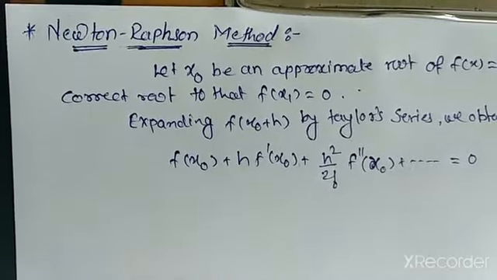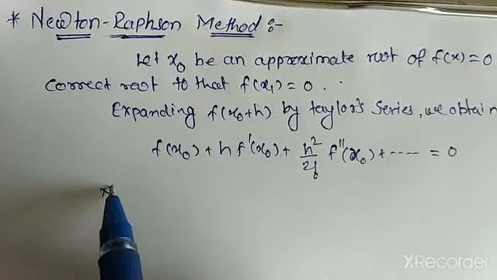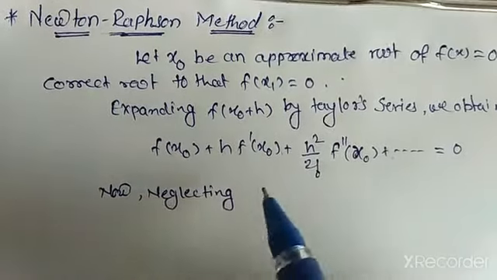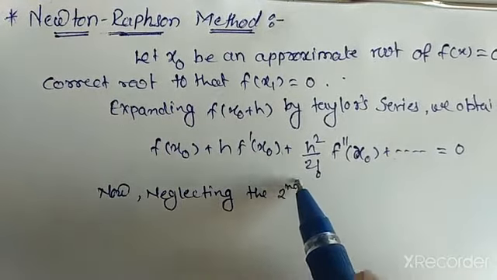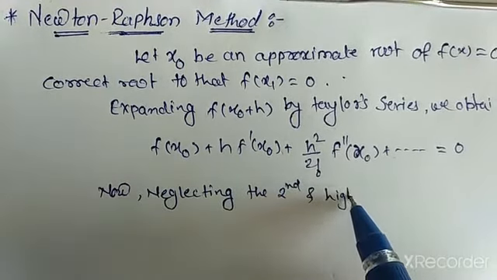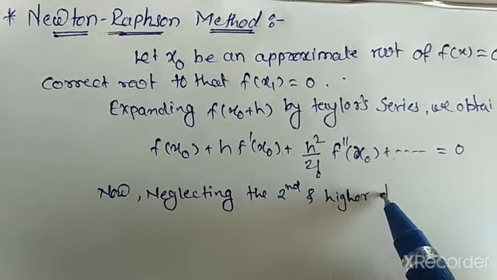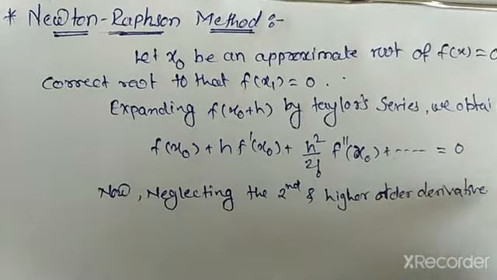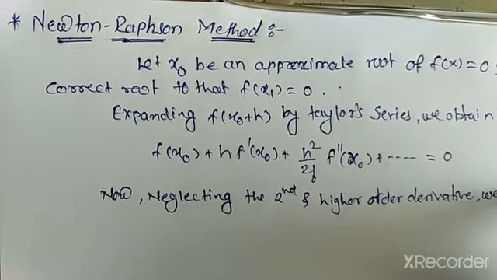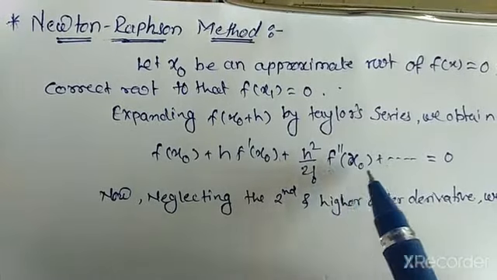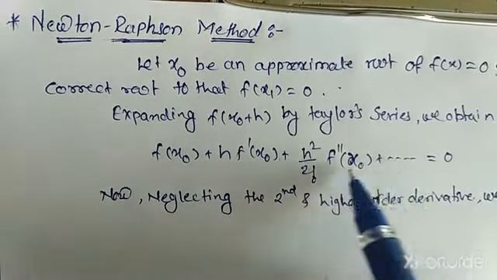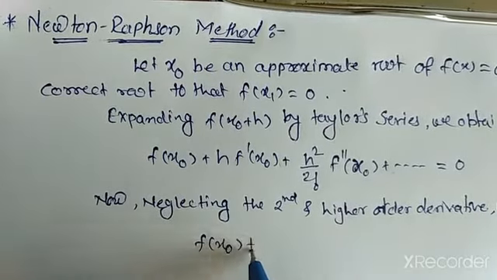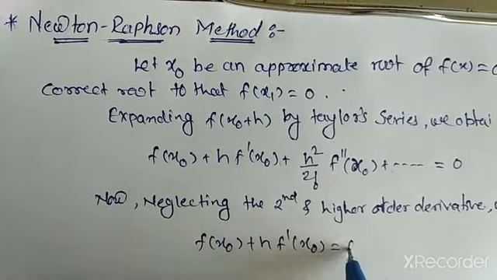Now neglecting, or you may say deleting, the second and higher order derivatives, we have, that means these terms are deleted, considered to be 0, so only f of x naught plus h f dash of x naught is equal to 0.